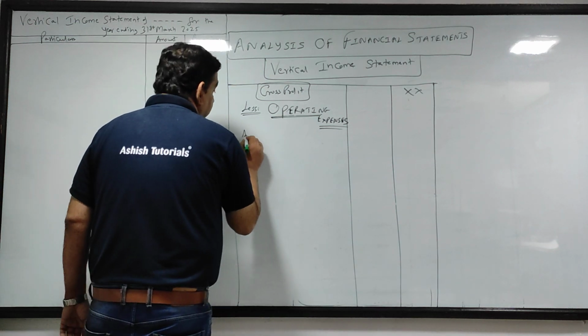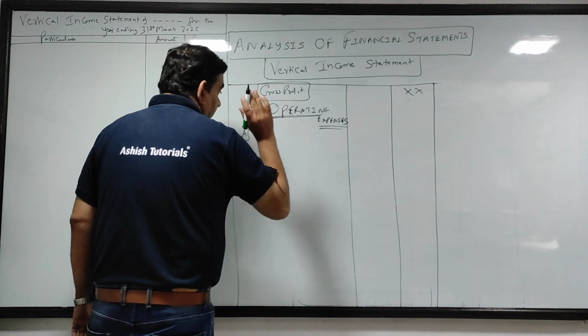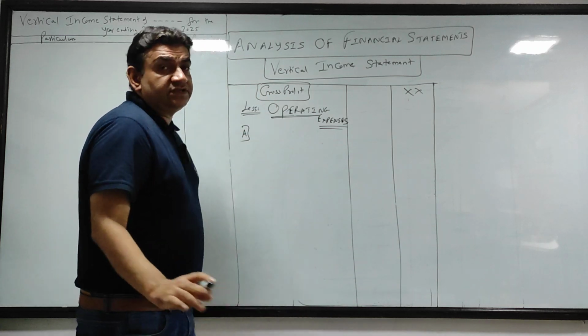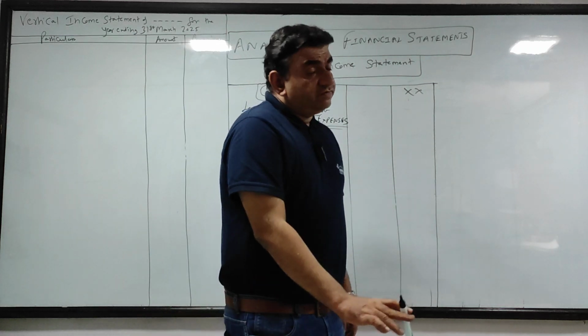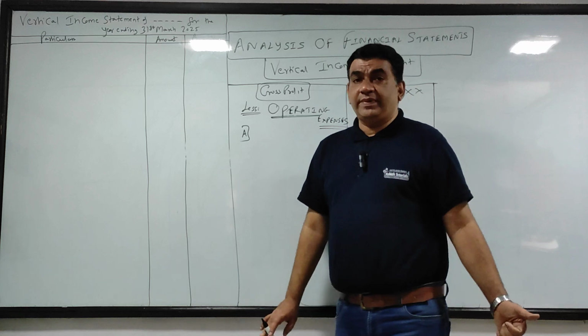are of three categories. First, it is classified in three categories. First is called office expense.